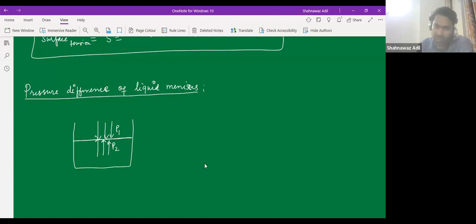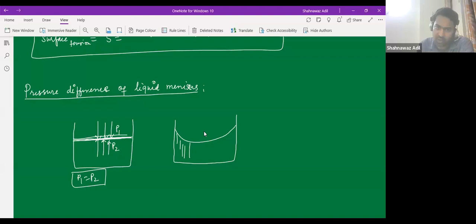Okay, but let's say if you have this kind of surface, this is P1 and this is P2.